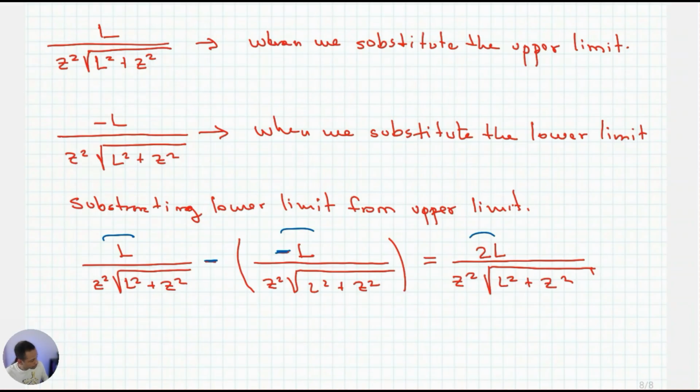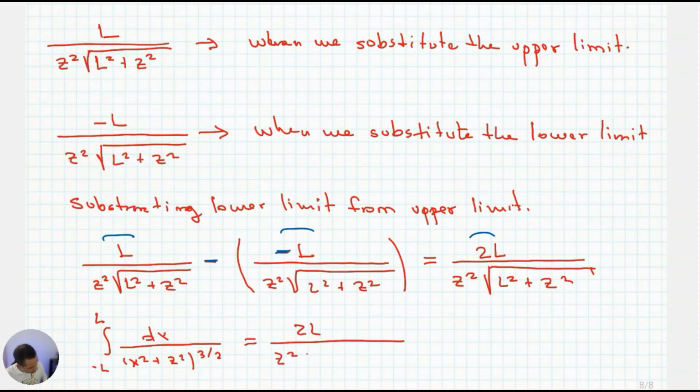Finally, the integral from minus L to L of this expression is equal to 2L dividing z squared root square of L squared plus z squared.